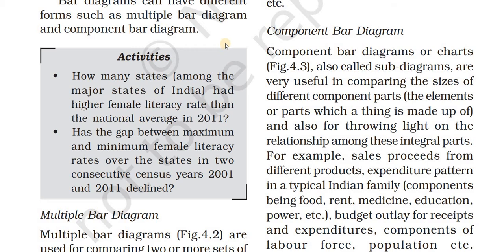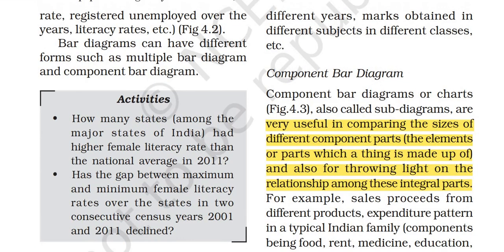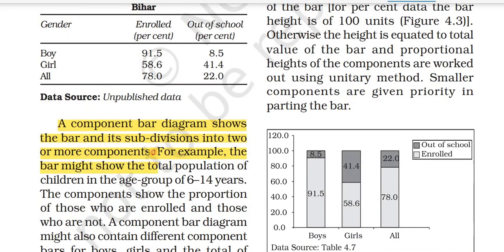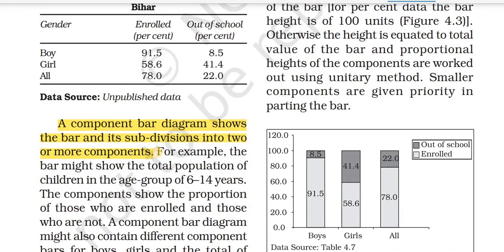Then there is one more. The component bar diagram compares the sizes of different component parts. For example, sales of different products, or the expenditure pattern of a family; like that we can show different components in a component bar diagram. It shows the bar and its subdivision into two or more components.